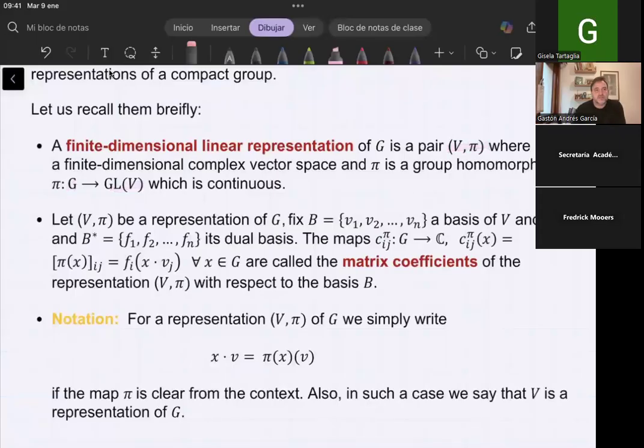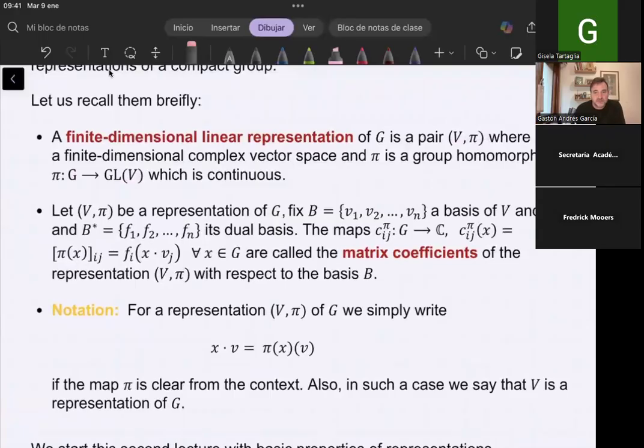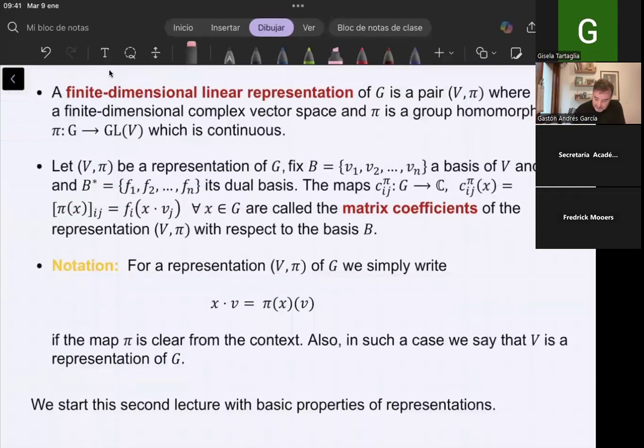And we saw some examples of linear representations. Today we're going to see some structural results of representations. And in the last lecture, we are going to see one of the most well-known results about representations of compact groups, which is the Peter-Weyl theorem, and some explicit examples of representations, because every group has its own theory of representation.